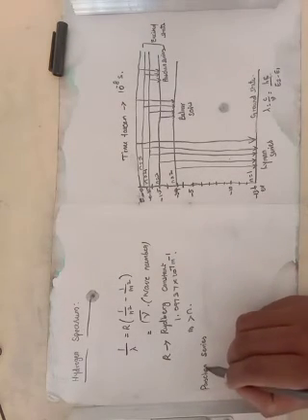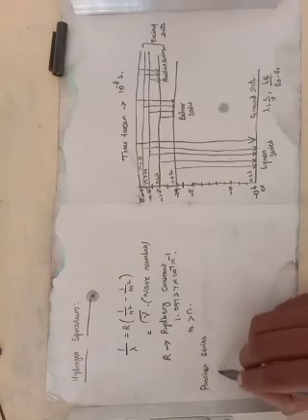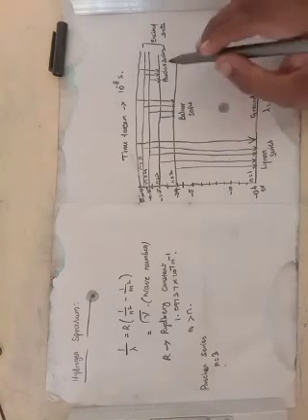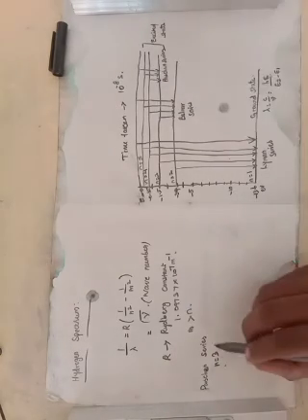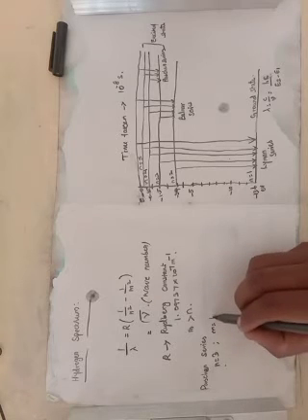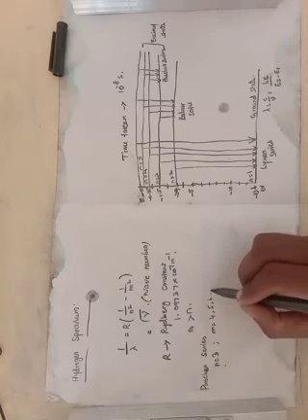So next one is the Paschen series. Here for the Paschen series, n is equal to 3, m is equal to 4, 5, 6 and so on.